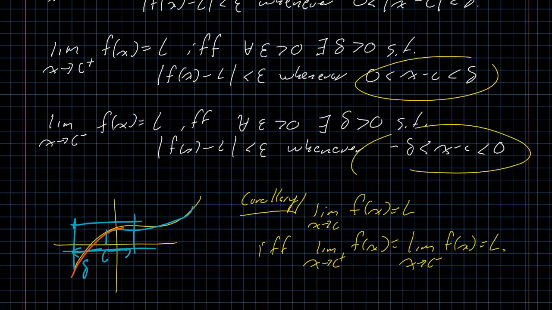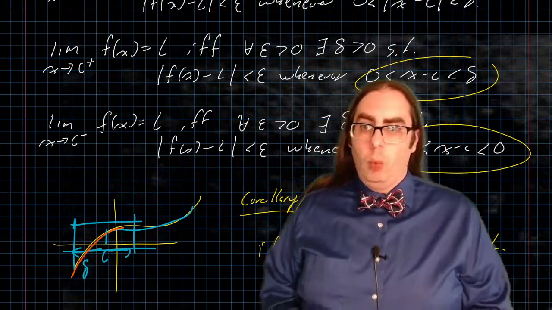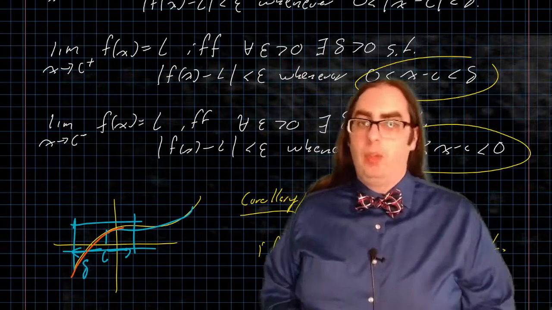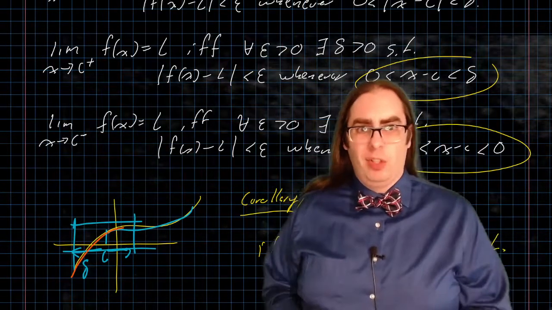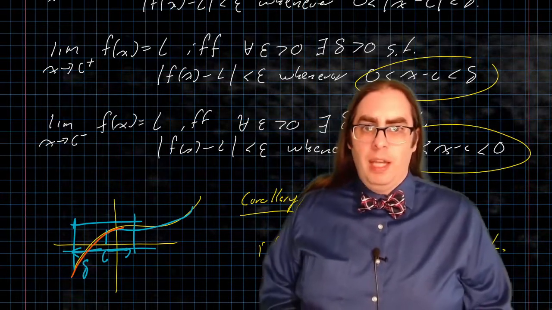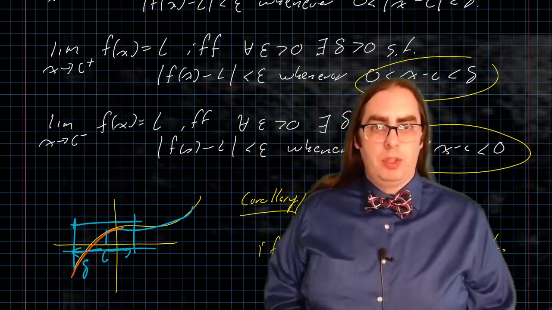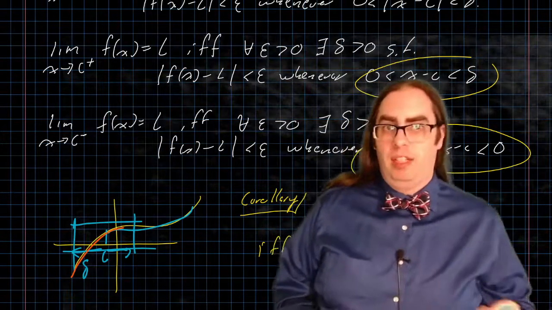For functions like the ones we were talking about in the last few videos, where the function is going to be continuous and everything is going to be well behaved, this is not a concern. This is not something that we run into as a problem. This becomes a point of interest as a way of showing that a limit does not exist.